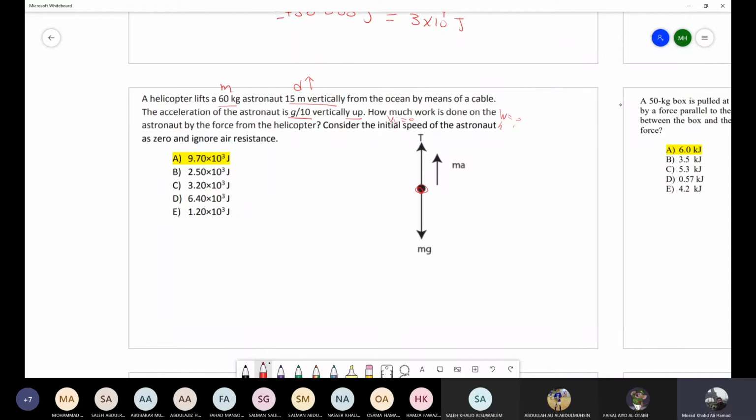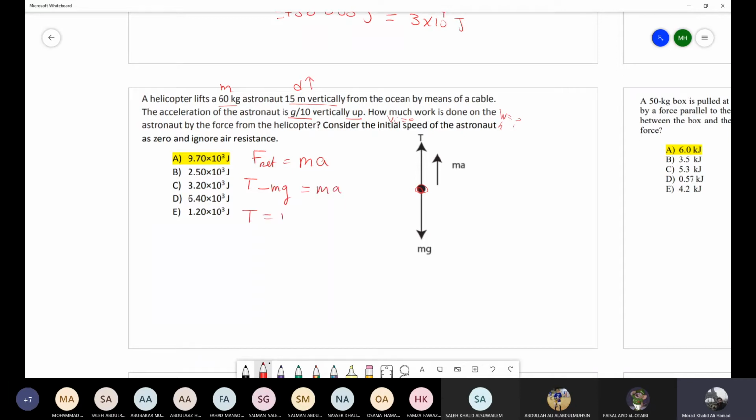According to Newton's second law, he is looking for W due to the helicopter, from the tension. From Newton's second law, we know that F net is equal to ma, but F net is equal to tension up minus mg down. This is equal to ma.